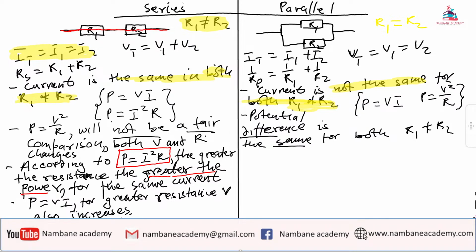It makes sense because we are going to use Ohm's law to understand that. So if you have a greater resistance, you also have a greater V. So according to that equation, P is equals to VI. The bigger the V for the same current, the bigger the power. So these two bullets, you take them as they are and you just plug them in the examination. So with that being said, I am going to pause and take a question from Moteo.